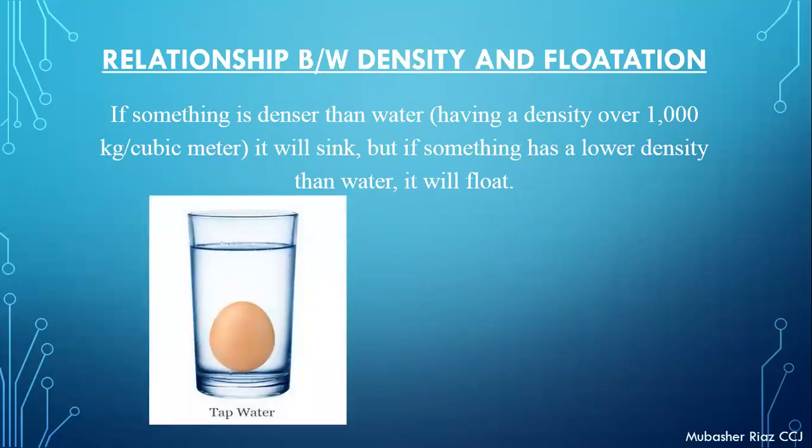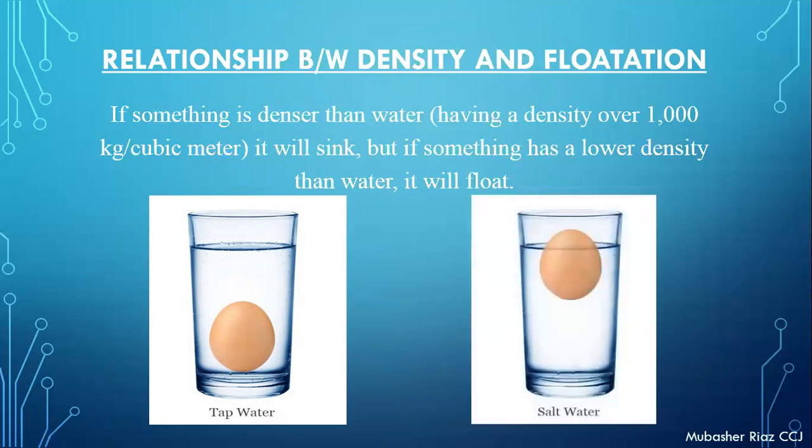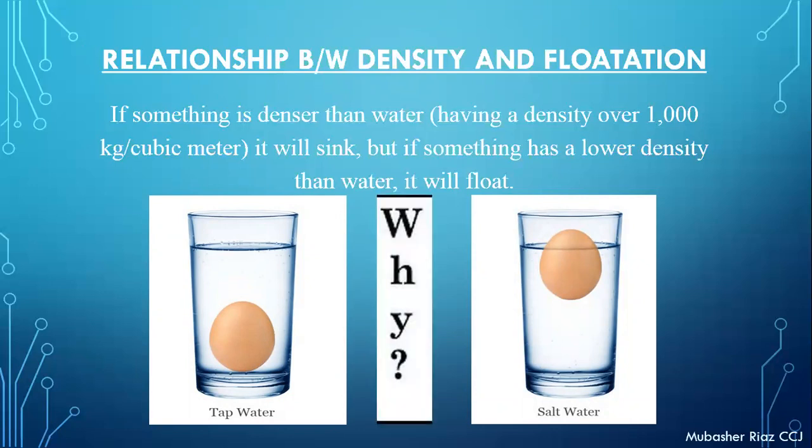For example, an egg in pure water or ordinary water will sink, and in case of salt water, it floats. This is actually due to the density difference, because density difference will define whether the substance will float or sink.